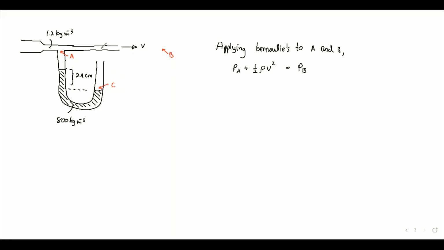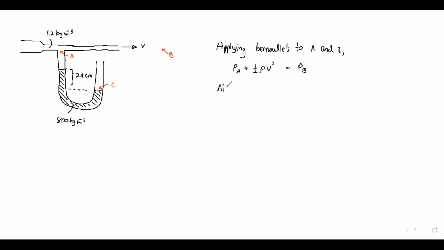So apply Bernoulli's for the airflow at point A and point B. At point A, we can write the pressure is PA plus half rho V squared, and at B there is no flow, so it's just PB, or we can also say it's the atmospheric pressure. So here we got one equation. And also you know that PB and PC are atmospheric pressures, so they are the same.